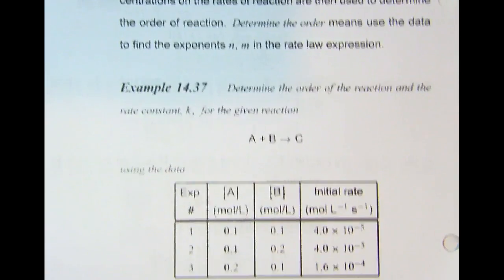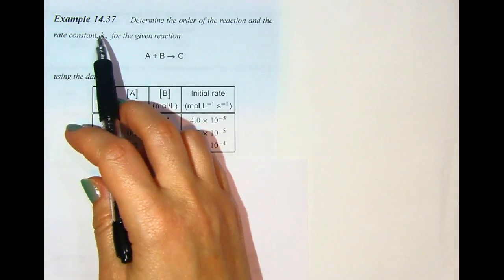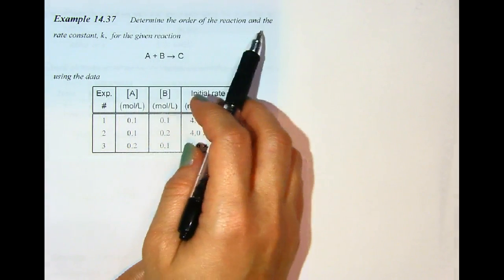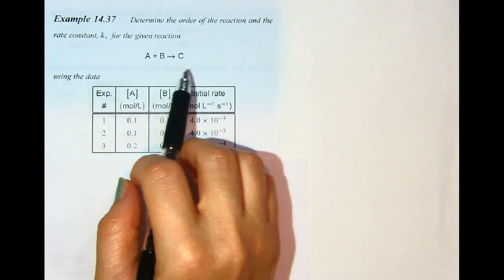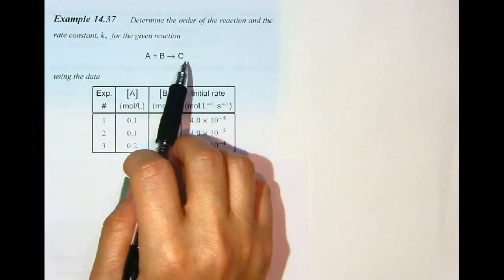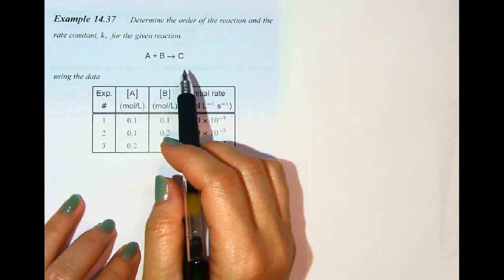So now we'll work out a sample problem. Example 14.37, determine the order of the reaction and the rate constant K for this reaction, A plus B yields C. So let's go ahead and scribble out what the rate law is going to look like first.